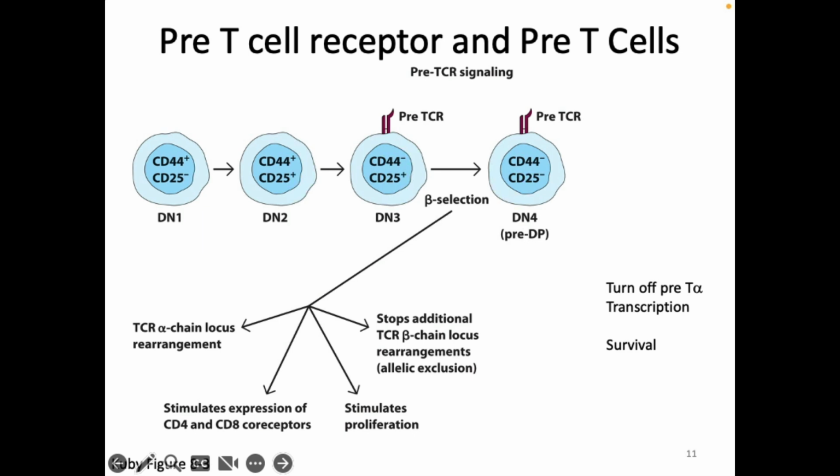The first thing we have to do is we shut off RAG. We say no more RAG. We stop making more heavy chains because we have a good heavy chain. Now that RAG is off, the cell can proliferate because we aren't risking DNA damage during the cell cycle. We also give that cell a survival signal, getting a little pat on the head that says, you did a good job, you're allowed to live.